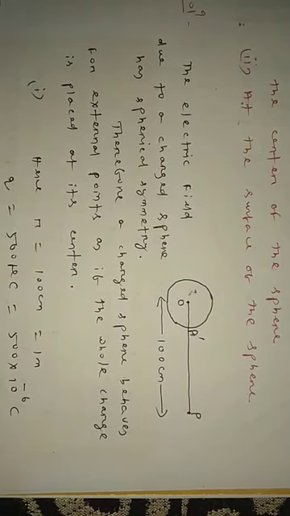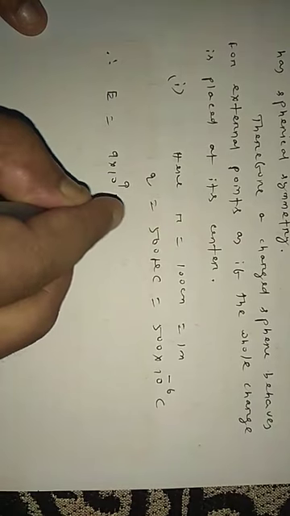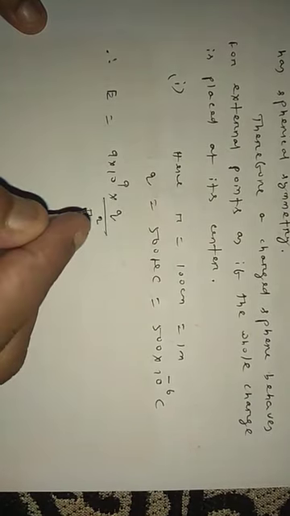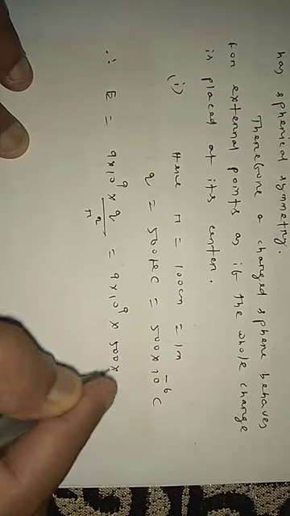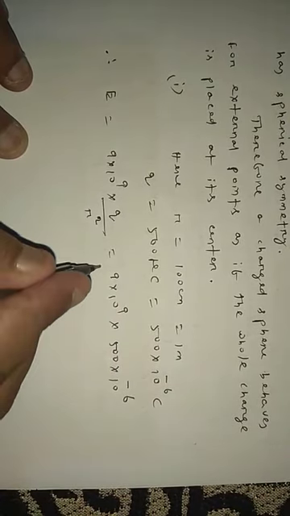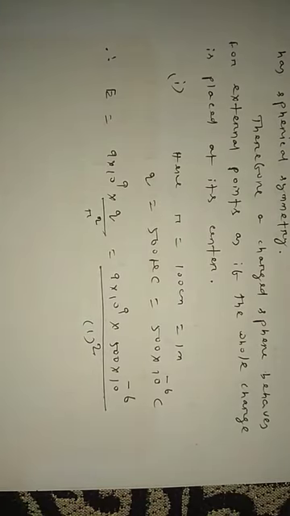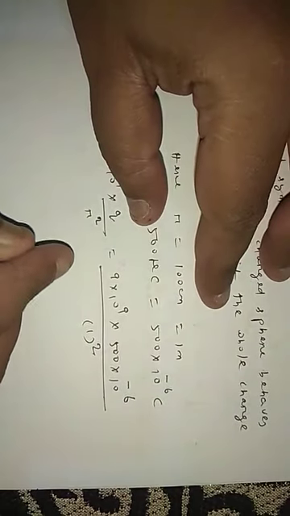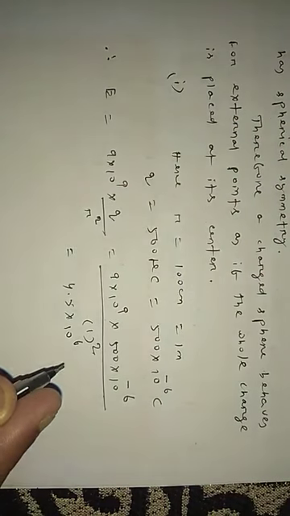Therefore E equal to 9 into 10 to the 9 times q, that is 500 into 10 to the minus 6, divided by r squared, equal to 4.5 into 10 to the 6.